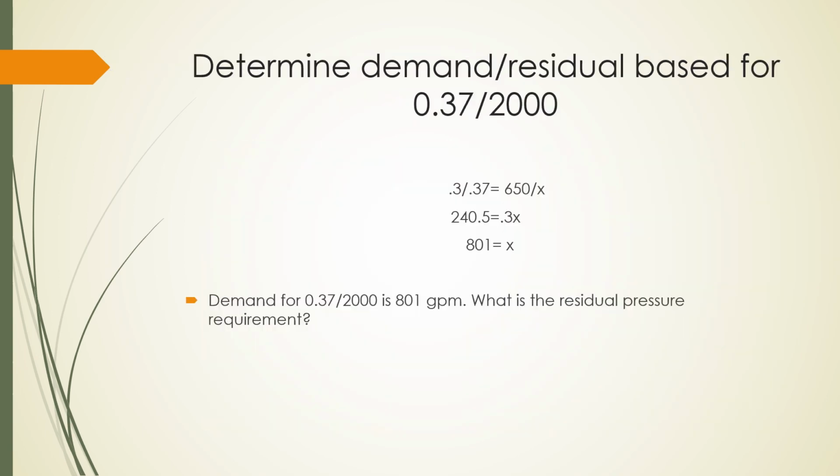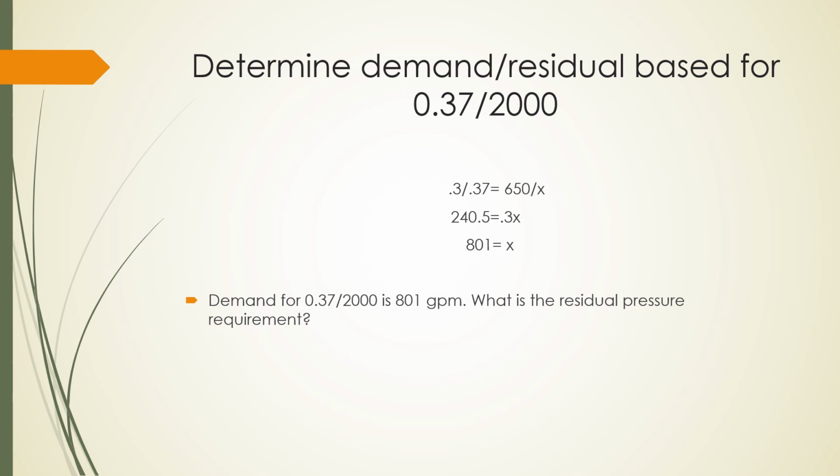So how do we use that graph to determine demand and residual for a different density? It's actually very straightforward. There's a linear relationship between the demand and the density, and I've listed it below here. It's 0.3, which is the initial density, over the desired density of 0.37.